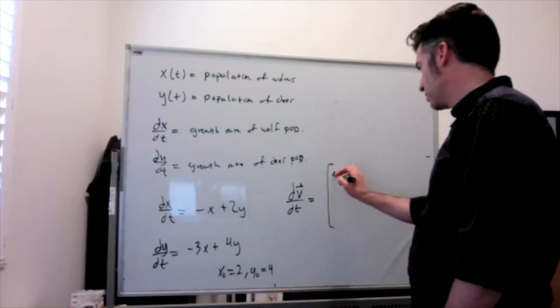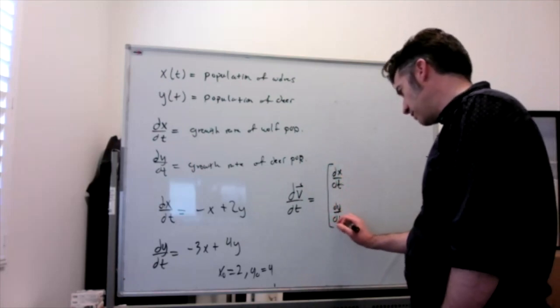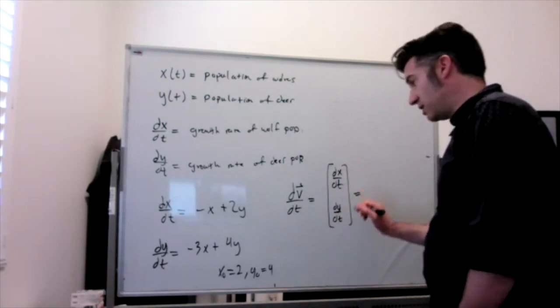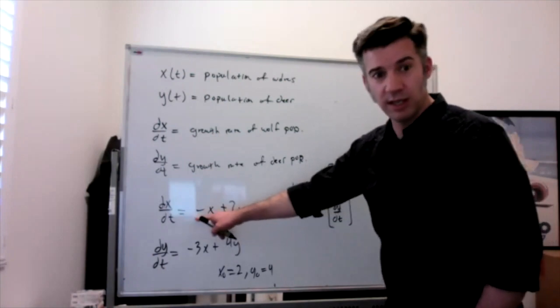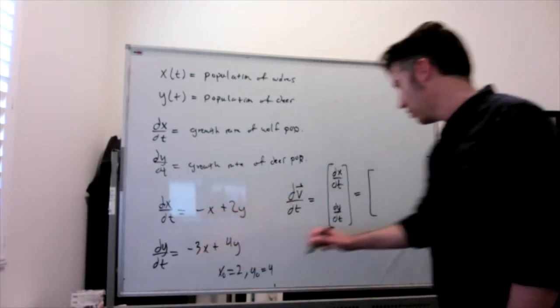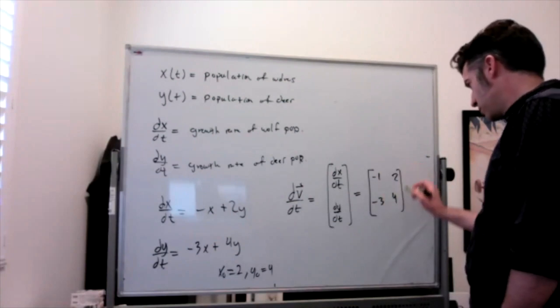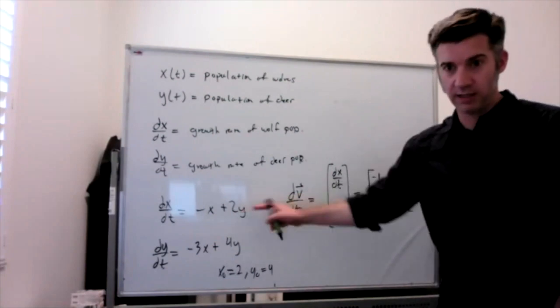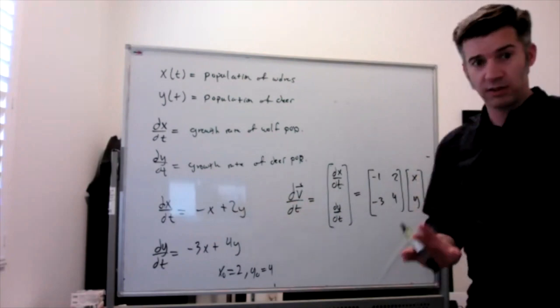It is dx/dt, dy/dt as a vector, but that's equal to the matrix of coefficients, -1, 2, -3, 4, times the variables x and y. I want to make sure everyone's on board with this.